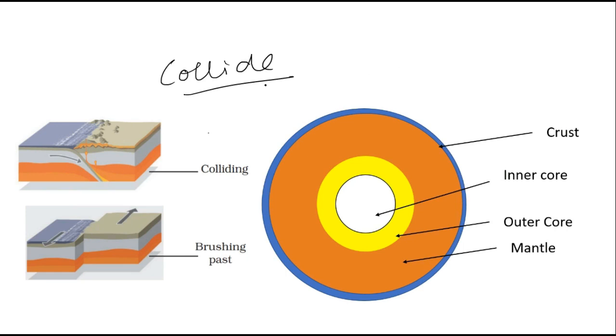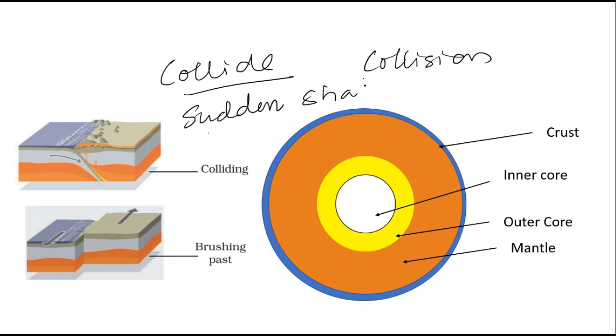Collision takes place, and because of the collision there is a disturbance, and that disturbance in the plate results in sudden shaking, and that is what is called an earthquake.